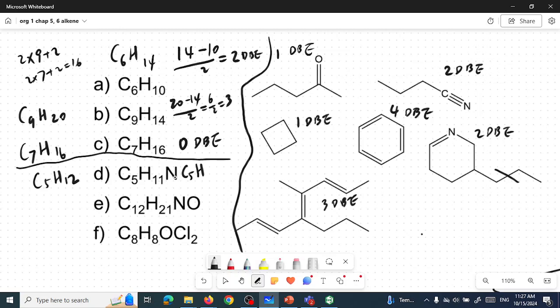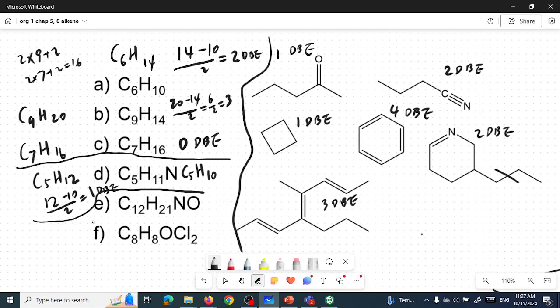When you have a nitrogen, the number of hydrogens minus 1, so it will be H10. So the difference between the saturated version and actual molecule number of hydrogen is 12 minus 10 divided by 2, which equals 1 DBE for D.